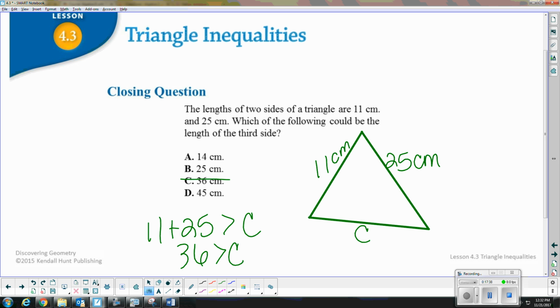So it's not C, and it's not D. So you can narrow those two out right away. Now, it could be 25 or it could be 14, but it has to be true with all sides.